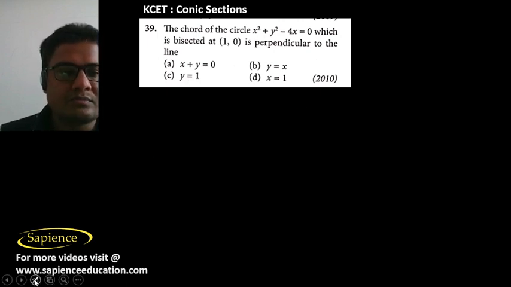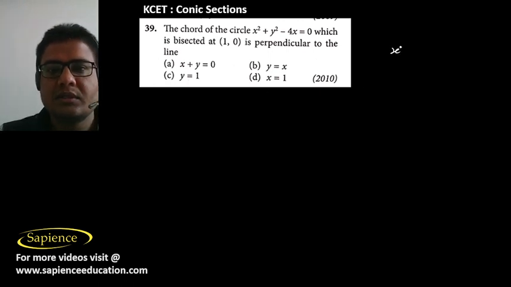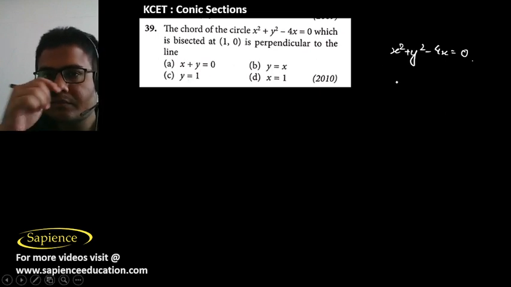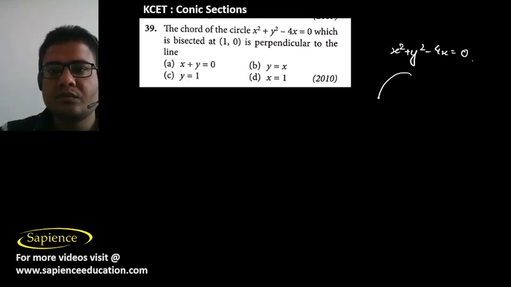So in question number 39, it is told the chord of the circle x square plus y square minus 4x equal to 0, which is bisected at (1, 0), is perpendicular to the line. So we know that this is the circle and here is, suppose, the chord.